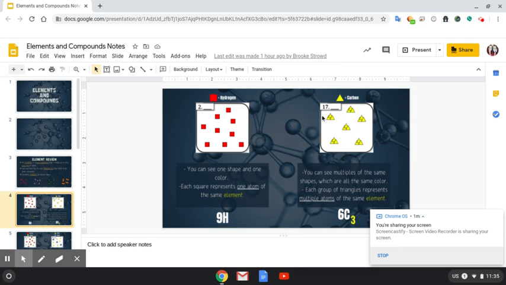Our second example, which is number 17, those triangles represent carbon. But you can see that there's multiples of them. So we have 1, 2, 3, 4, 5, 6 total, but there's 3 in each of them. So how would we write that? Well, each group of triangles represents multiple atoms of the same element.